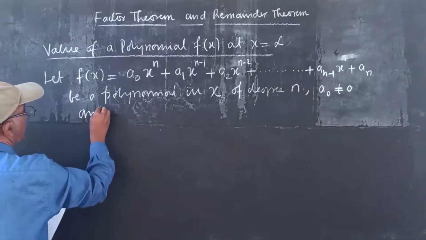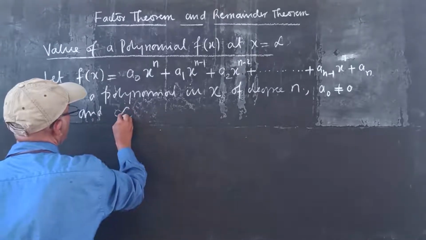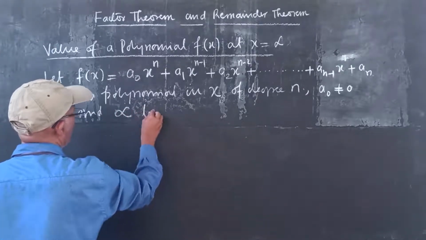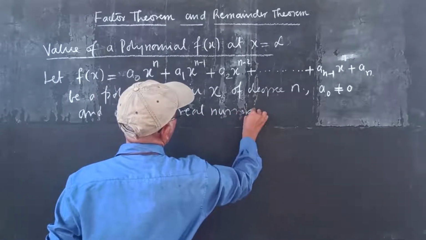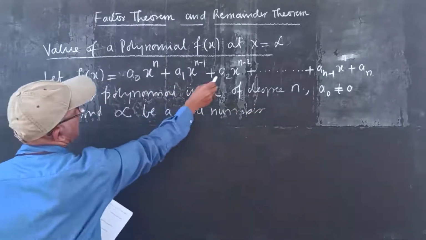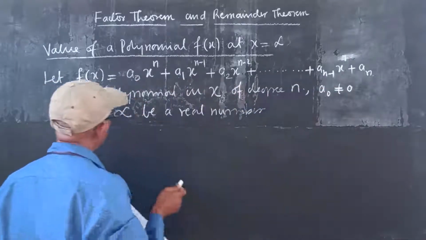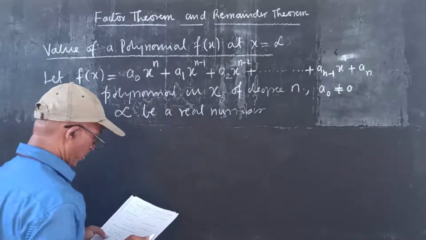And let alpha be a real number. Just like a naught, a1, a2, an minus 1, an, similarly alpha is a real number.